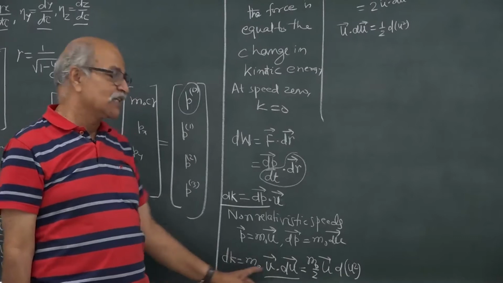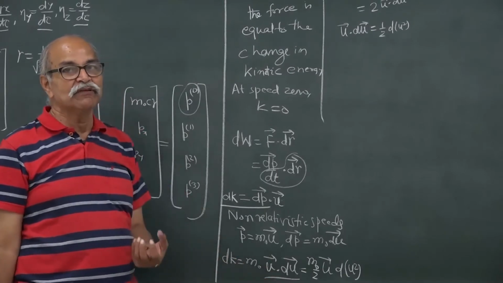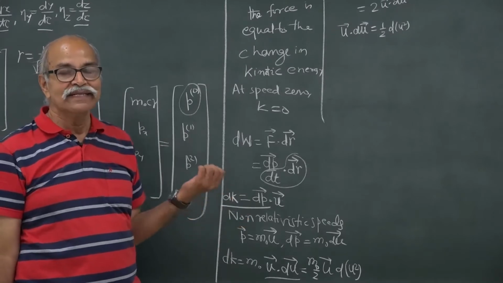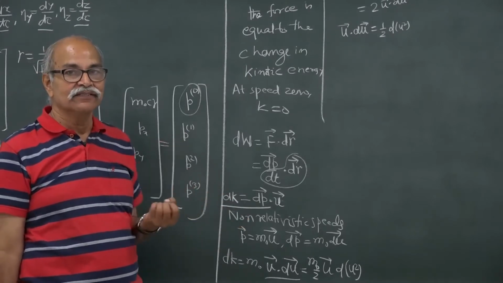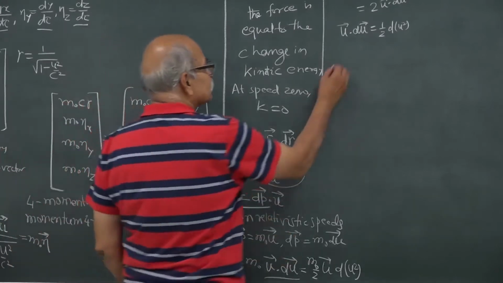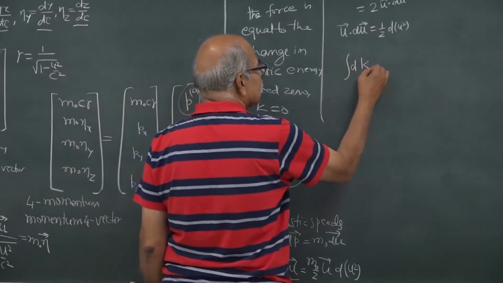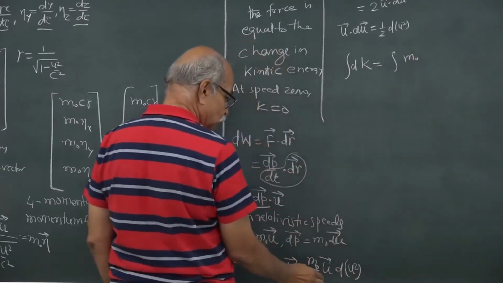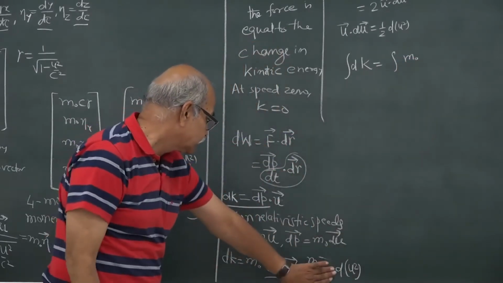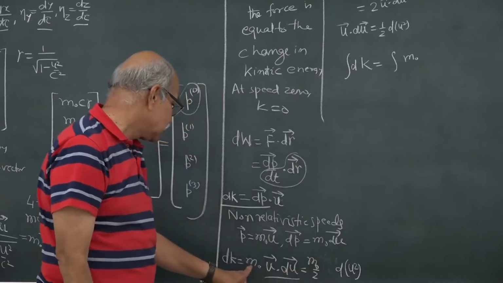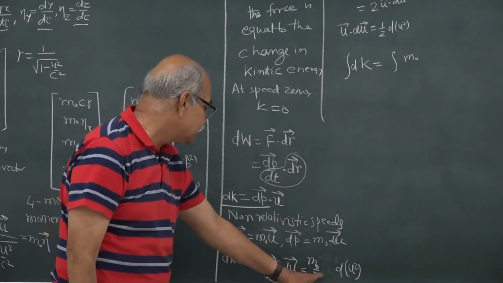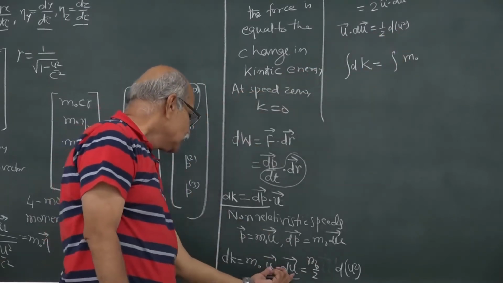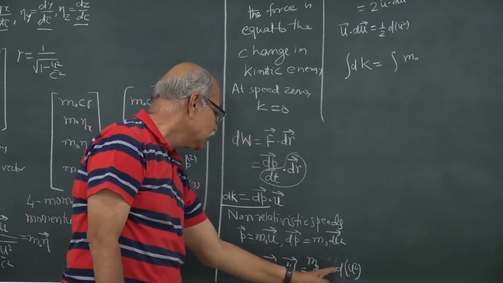Now, integrate this expression. The speed of the particle changes from 0 to u. What is the change in kinetic energy? So, we integrate this expression dK, and this side is m naught by 2, and for u dot du we are writing half d of u square.